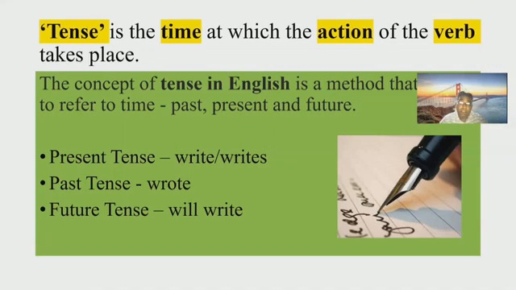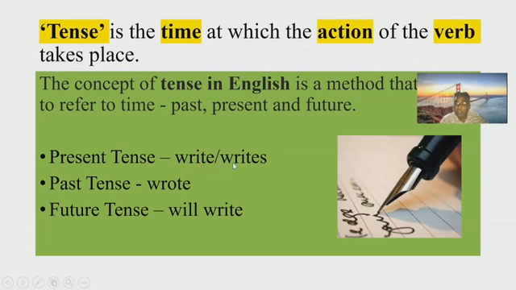So here we are dealing with the action or the verb called writing. So when you take this action, how do we use it in the present tense? So here you can see in the present tense, we use it as write, and sometimes we use it as writes. So why write and why writes?